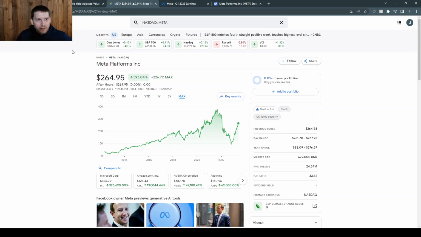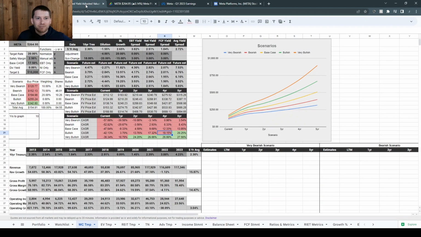So yeah, reflection Thursday for me. I think I definitely should have probably held off a little bit on those trims. But you know what? Hindsight is 2020. You're never ever going to get everything perfect.